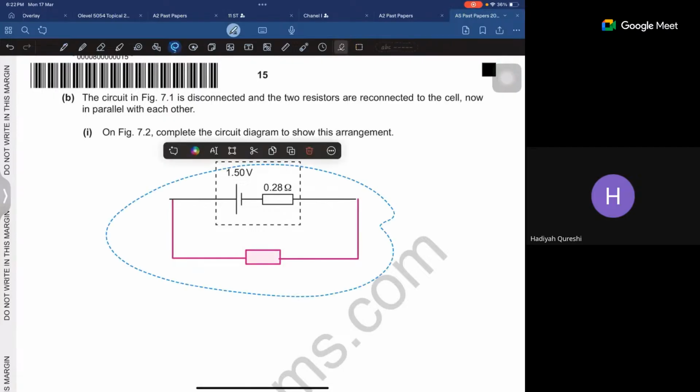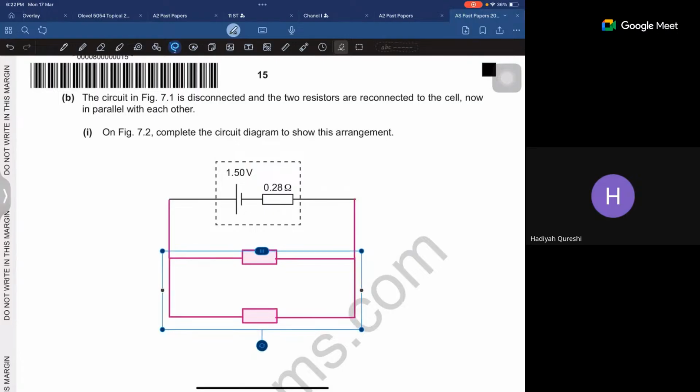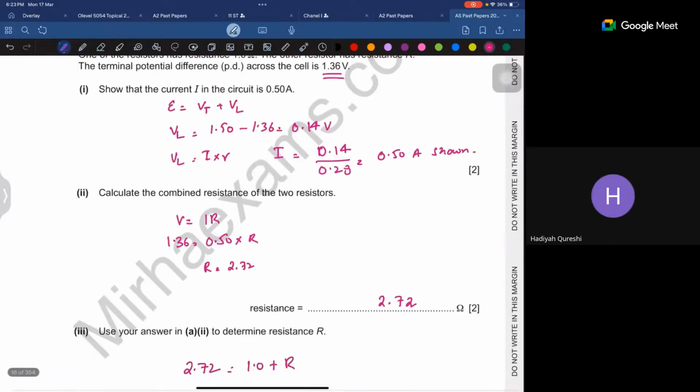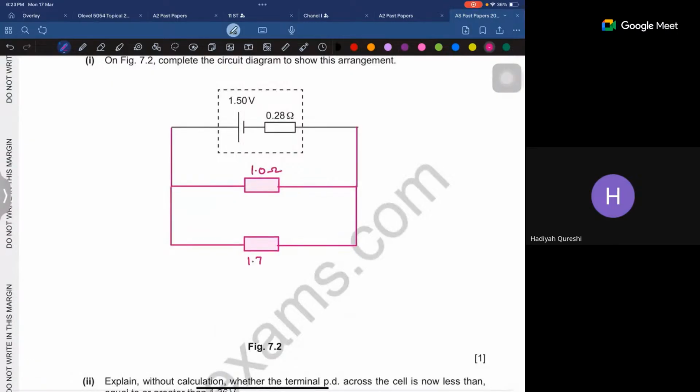Let's copy this. The first one is 1.0 ohms, and the other one is, what did we find? 1.72, like that.